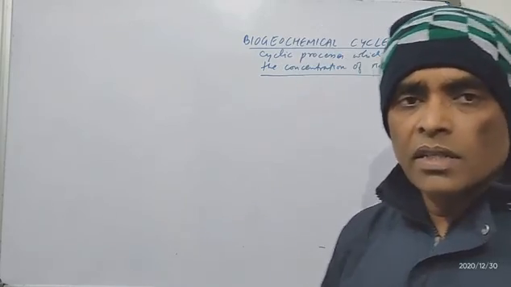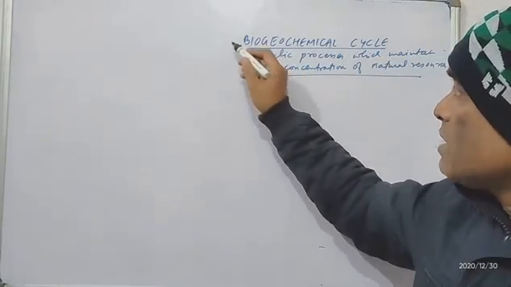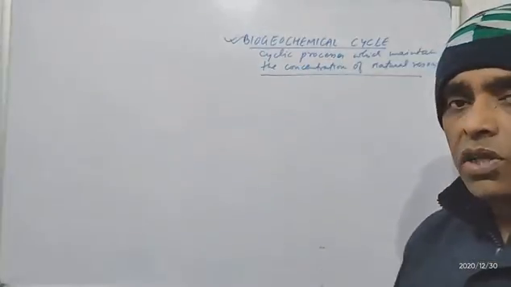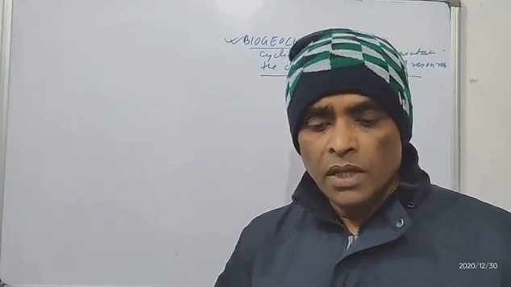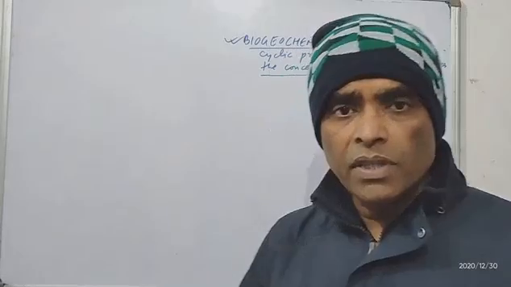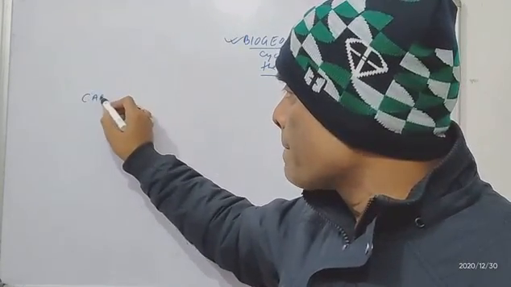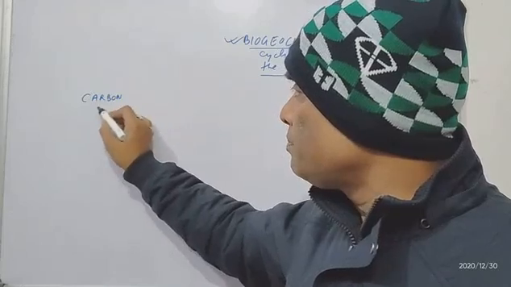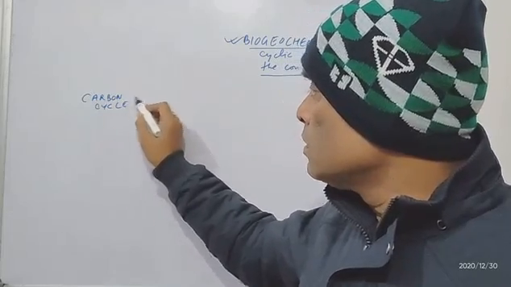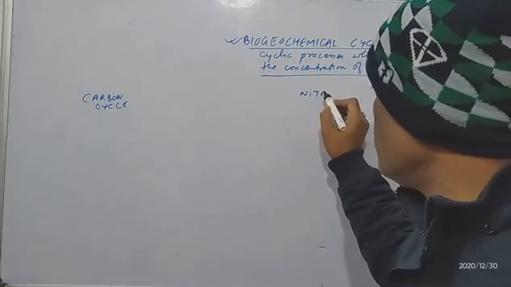So what does nature do? The nature has this important process of biogeochemical cycle in which it maintains the composition of everything. There are a lot of examples. I'll give you a few examples like the carbon cycle, the nitrogen cycle.